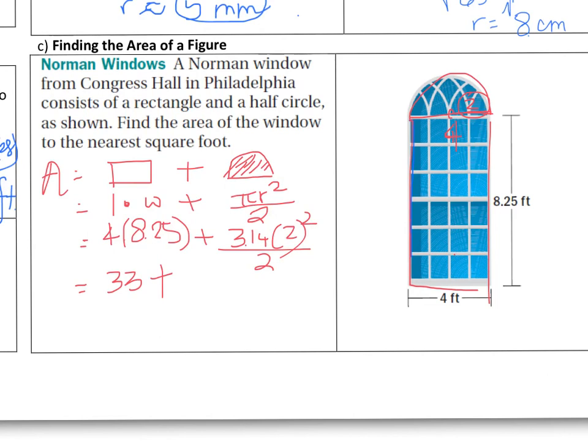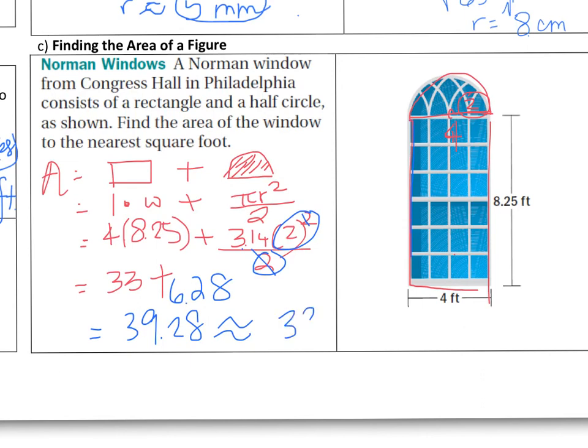And since we have 2 squared here and a 2 here, I could cancel one out to get 3.14 times 2, which is 6.28. So 33 plus 6.28 is 39.28. And we can round that to 39 feet squared. And that concludes our lesson.